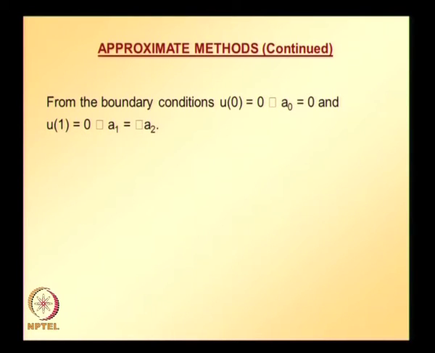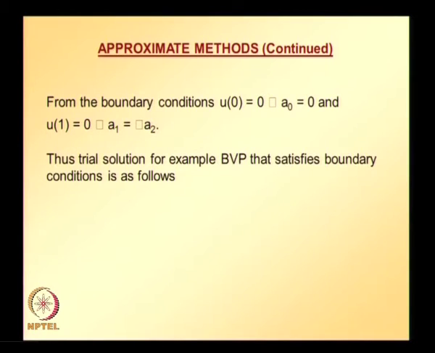We already noted this, please excuse me, there is some problem with the font. And the trial solution for the boundary value problem, this equation is correct: u is equal to a2 times minus x plus x square.